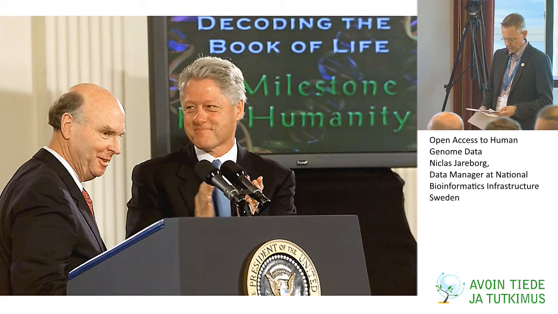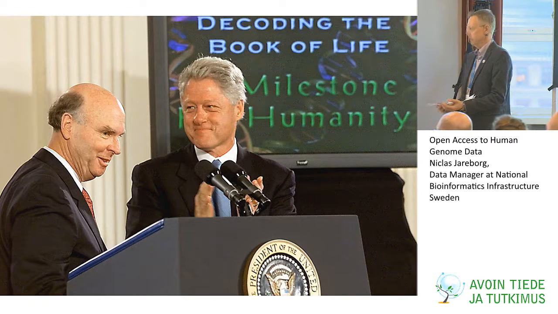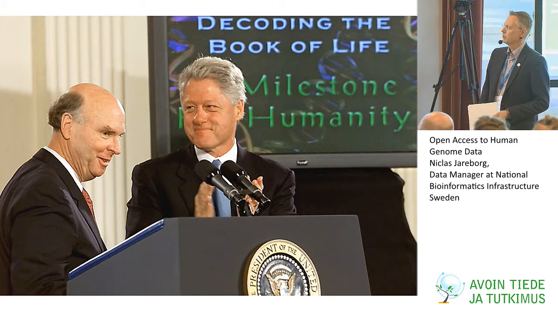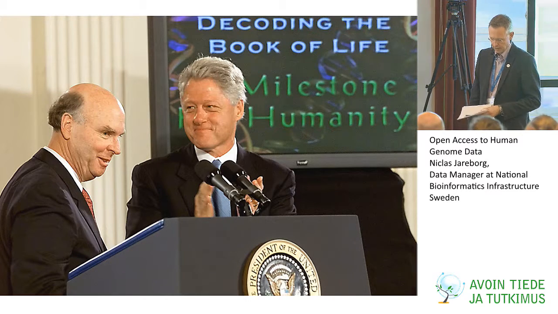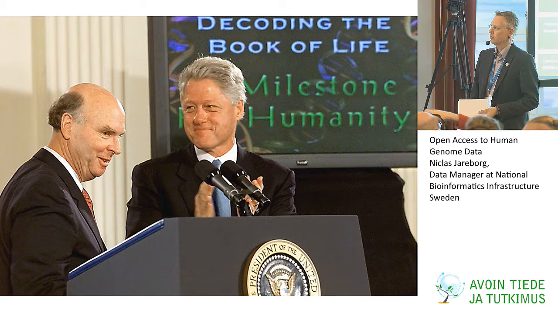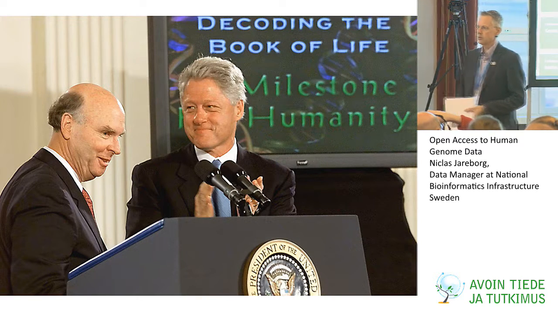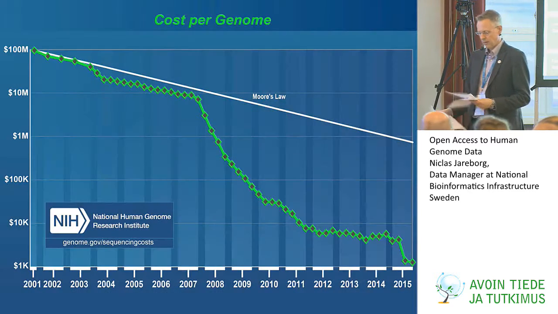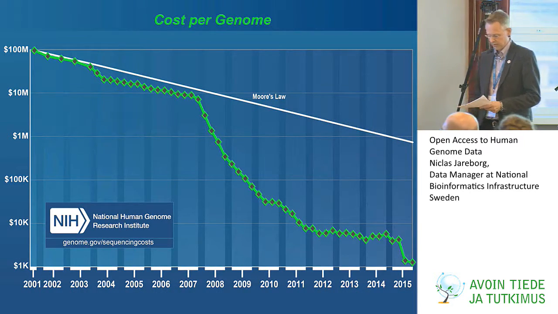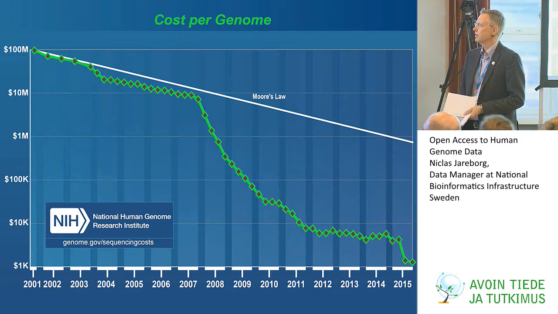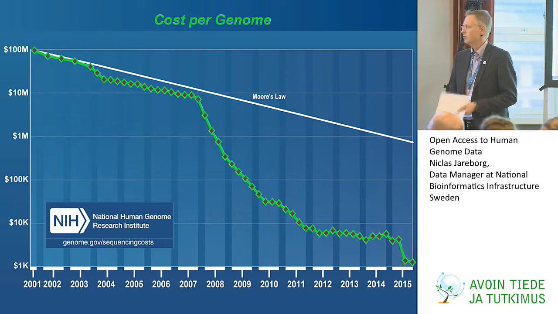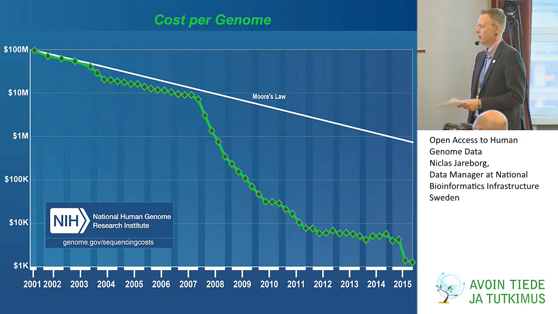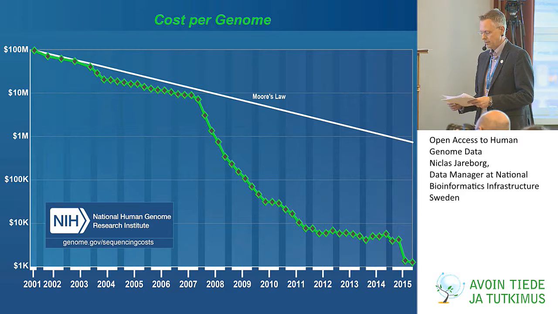The first determination of the human genome sequence was done in the 90s and published in 2003. It was a very large international effort, and it cost approximately $1 billion and took 13 years. However, less than 10 years ago, there was a technology shift in DNA sequencing that drastically increased the throughput of DNA sequencing.